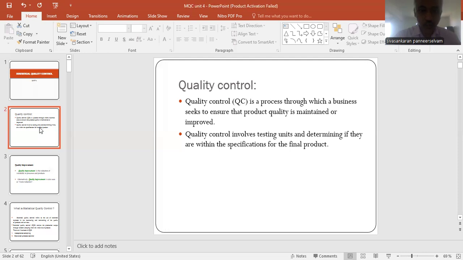So quality control makes the manufacturing business attain ultimate product quality, to be improved in each and every stage of manufacturing.